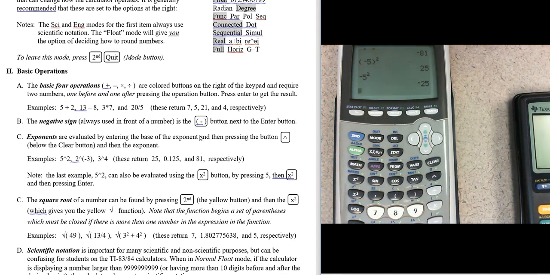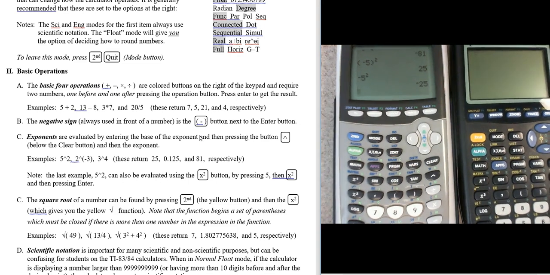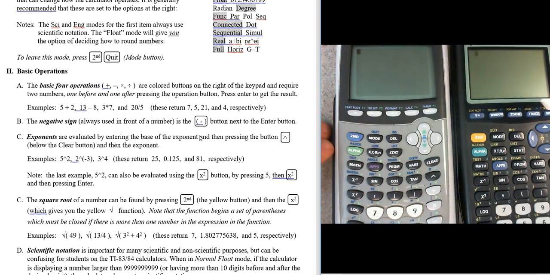Now square roots, they're a little bit different on the two calculators, so let's look at this. You see above the x squared button, you see the square root symbol. So we go square root, and let's say we're doing the square root of 49. Well, you put 49 inside that square root symbol, and then you press enter, and it calculates the square root of 49 and gives you 7. All right. Now, what if you wanted to do square root of 49 times 2?